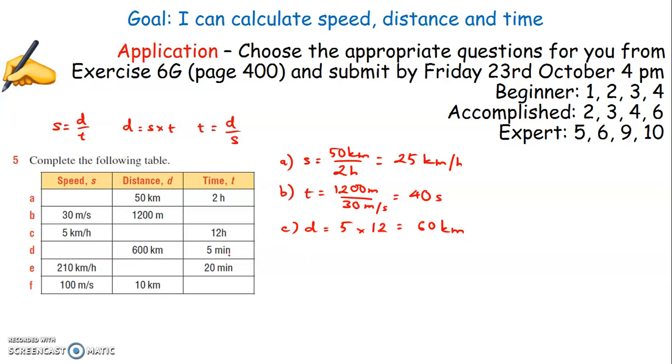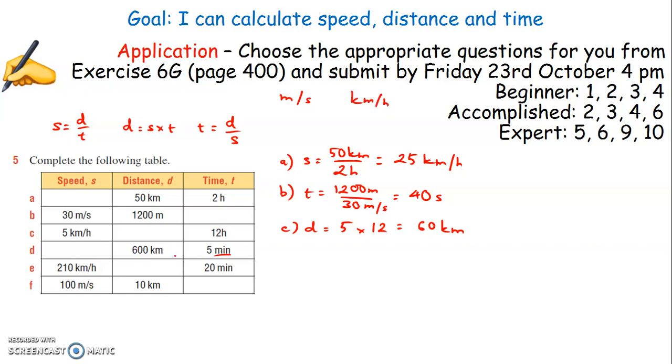Oh, interesting. For this one, you see that the unit is in minutes for time. Now for time, we want it to be either in seconds or hours. There are two common units for speed: one is meters per second, and the other is kilometers per hour.